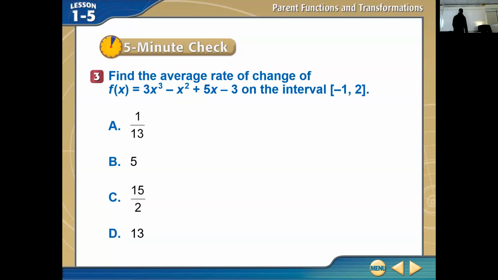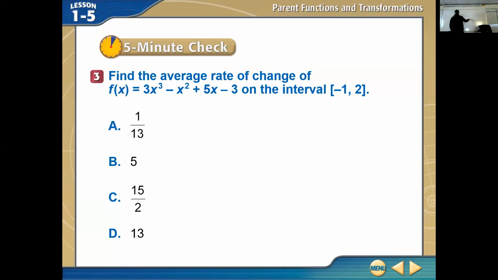So now what I'm going to do is plug these in. f of x2 should be f of 2. So I have 27 minus a negative 12 for f of negative 1. My x2 was 2. My x1 is negative 1.